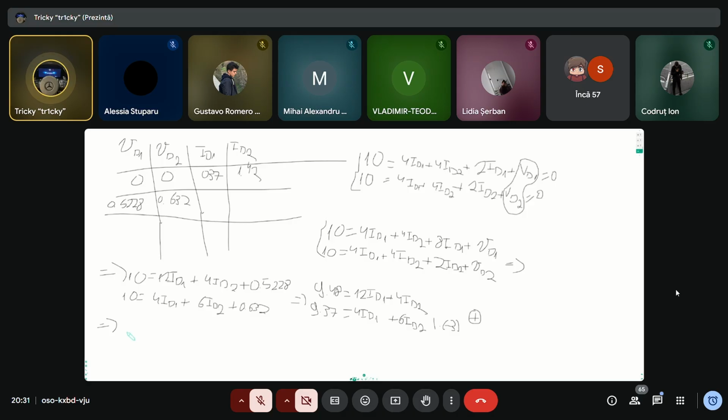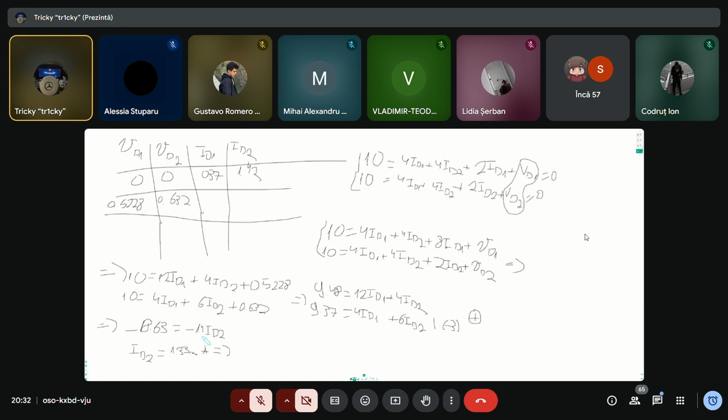So this is going to be equal to minus 18.63 is equal to minus 18 plus 4, minus 14 ID2, and minus 18.63 divided by minus 14 is equal to 1 ID2 is equal to 1.33 milliamperes, and we go back and we replace again.